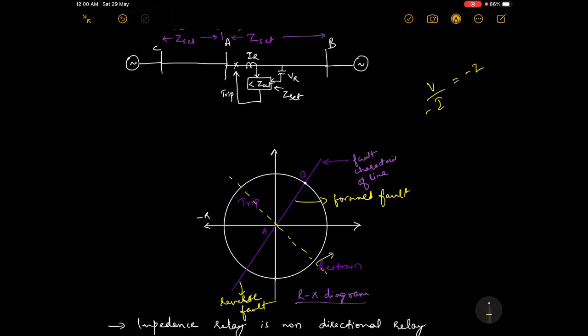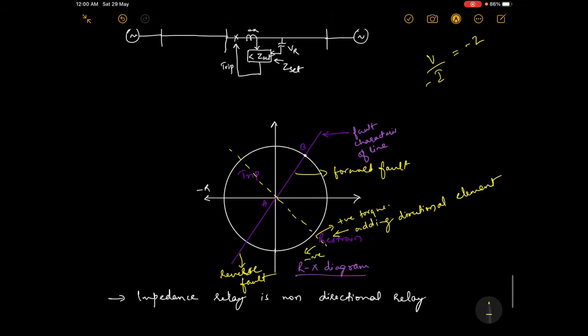This dashed line is obtained by adding the directional element, and of course this side it will have a negative restraint.